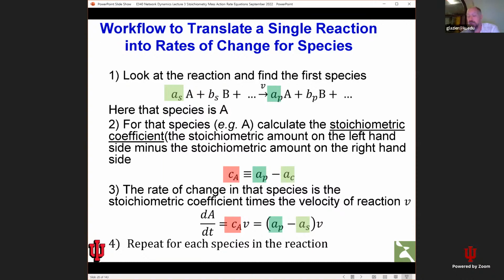And so then the rate of change of A, the amount of A or concentration of A, is C_A, that difference in the stoichiometric coefficient, times V. Now we do that systematically for each species. It's not very exciting, but it's impressive to me, if you're not systematic about it, how easy it is to make a mistake.